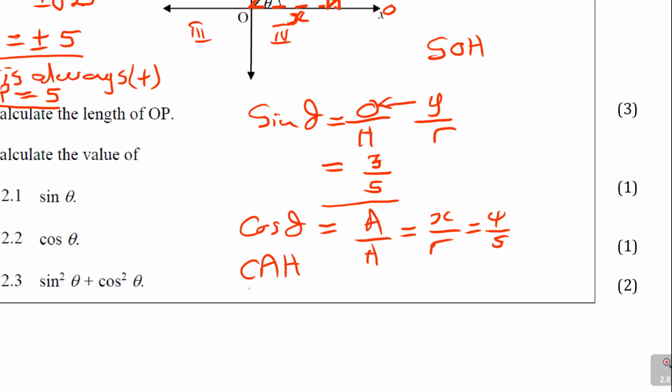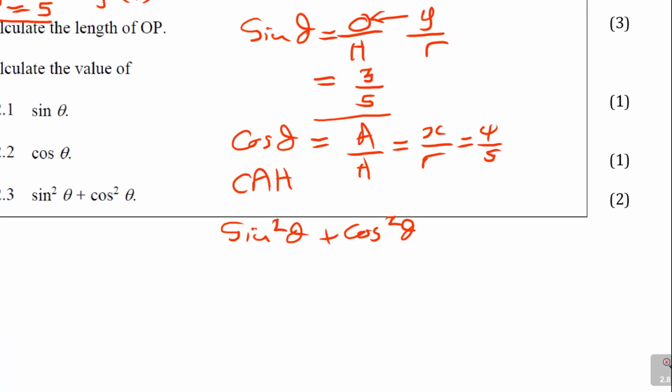And then last one, they are saying sine squared theta plus cos squared theta. So if you say sine squared theta plus cos squared theta, what you need to do then is to come here and say, what is sine squared? Remember, the squared, you can remove this part here, that's the best thing I'll advise you. And then you write it like this. You put the square outside.